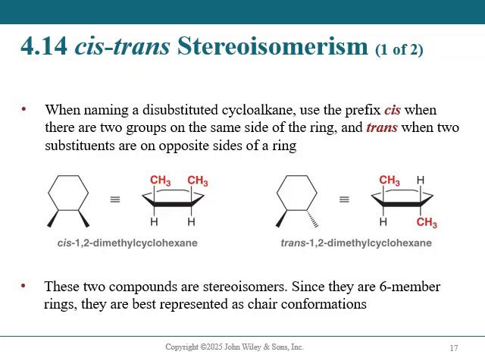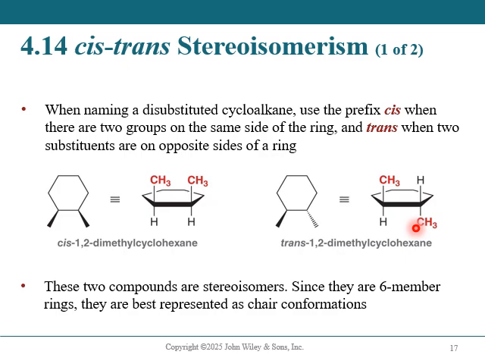Now let's talk a little bit about cis and trans isomers. When naming a disubstituted cycloalkane, we use the prefix cis when there are two groups on the same side of the ring, or trans when they are in opposite planes, opposite sides of a ring. So this would be a cis isomer versus a trans isomer. They look very similar, but when you're in a ring system, you can't really rotate between one and the other.